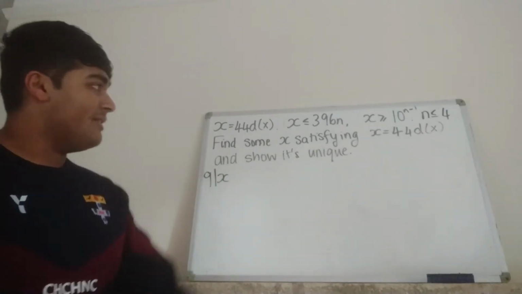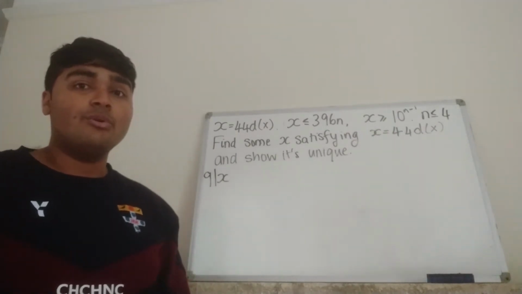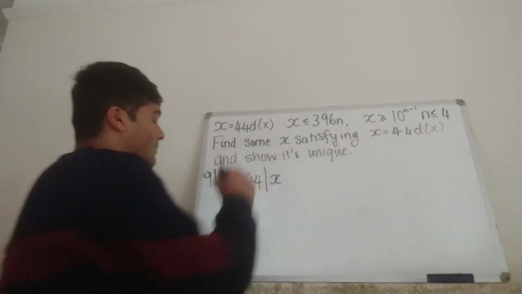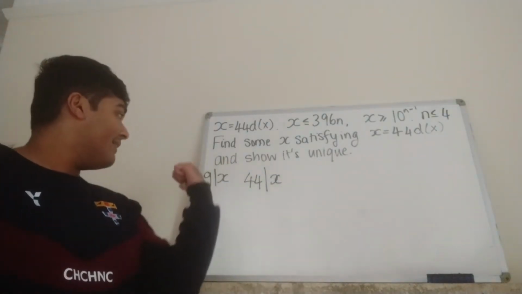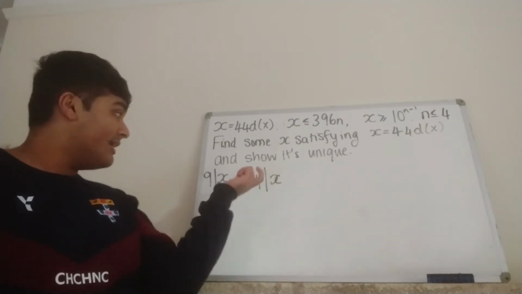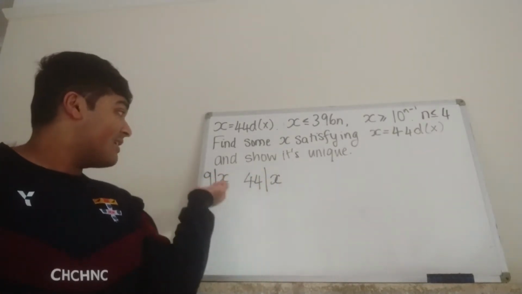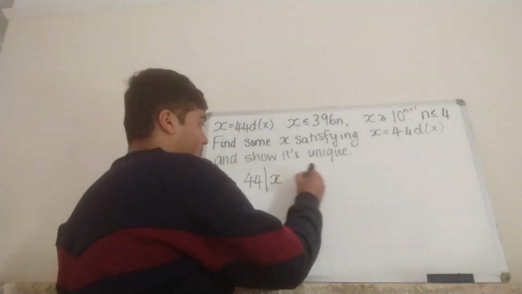Okay, but also if x equals 44d of x, then it's very clearly a multiple of 44. So we also get that 44 must divide x as well. Now 44 is just 2 squared times 11, and 9 is just 3 squared. So 9 and 44 share no prime factors, they are co-prime, which means we can combine these two pieces of information together.